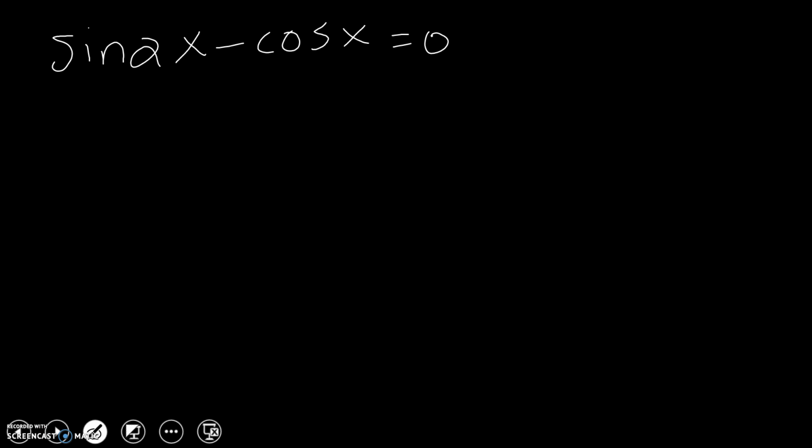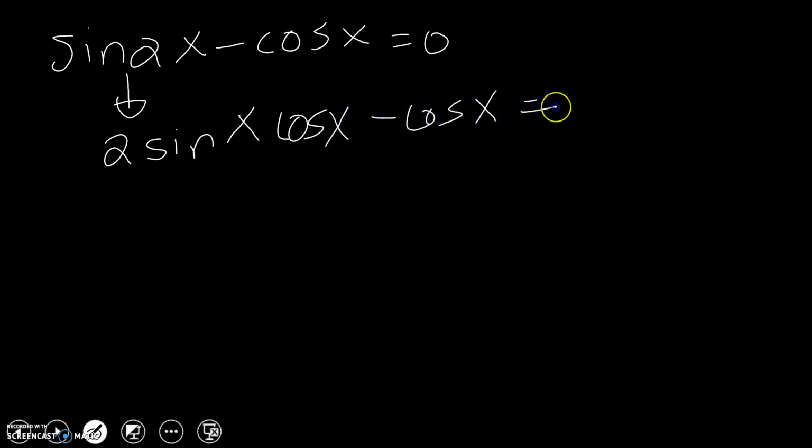Sine 2x is a double angle formula, and sine of 2x just equals 2 sine x cosine x, minus cosine x, which equals 0.